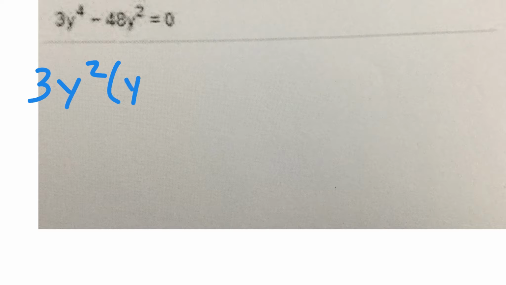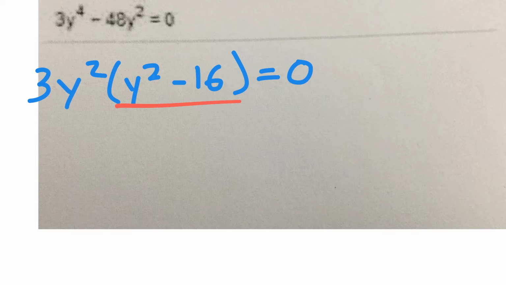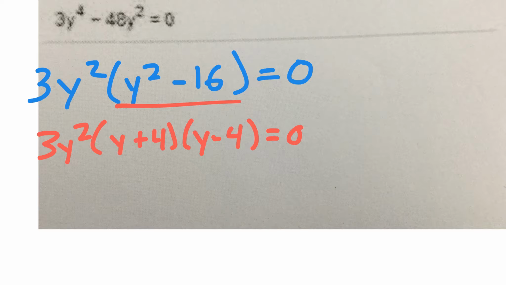So that leaves me with 3y squared minus 16 is equal to 0. Now it wants me to continue factoring. This is the difference of perfect squares. So I can factor that to be y plus 4 times y minus 4. So now 3 things multiply to be 0.